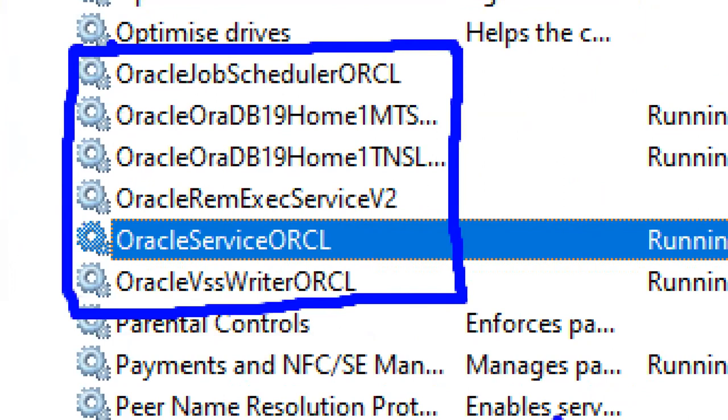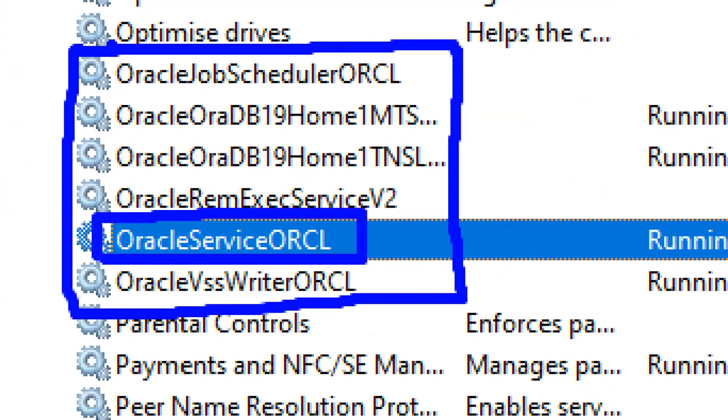When you want to know that, this should be there: Oracle service ORCL. If this service is in your system, then your Oracle is successfully installed. If Oracle service ORCL is not there in Services, then your installation was not properly done.